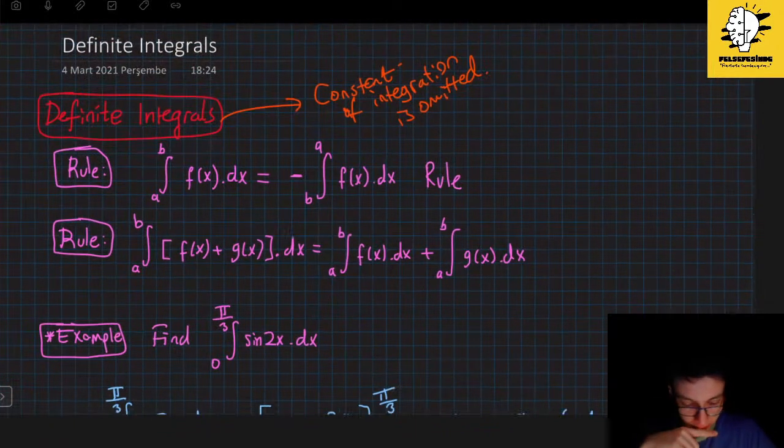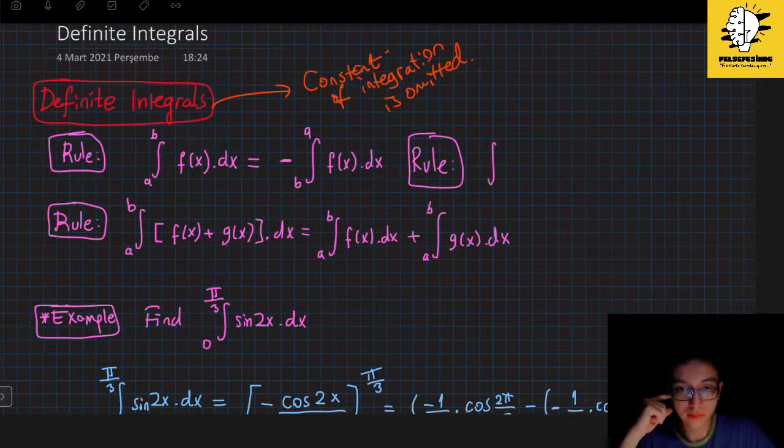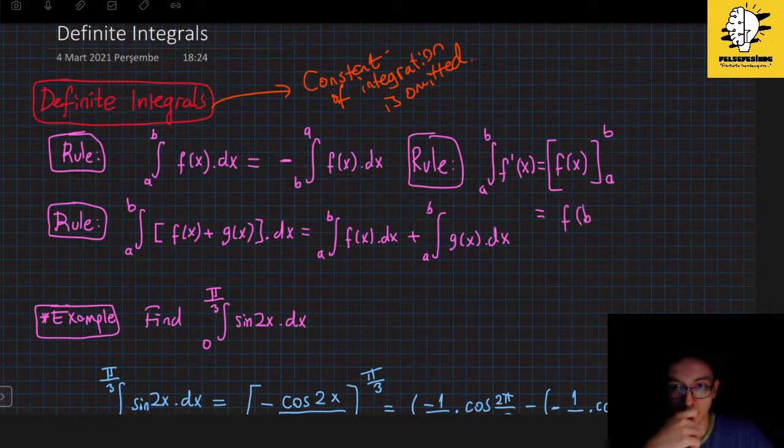In definite integrals, guys, if you find the, let's say it is from a to b, and you take the f prime x, okay, this is going to give us f x, but it is going to be in square brackets, and also we put b here and a here, and we are going to substitute f b here minus f a.